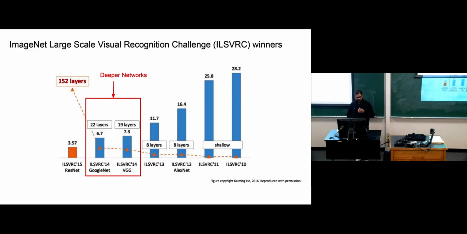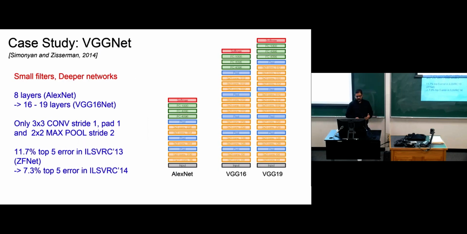Then something interesting happened. We really built some deeper networks. And so both VGG and GoogleNet were the first networks to go below 10% in terms of their top 5 error. And what VGGNet was, it's actually very clever in the sense, or very simple. Unlike ZF and AlexNet, VGGNet only uses 3x3 convolution with stride 1 and pad 1.